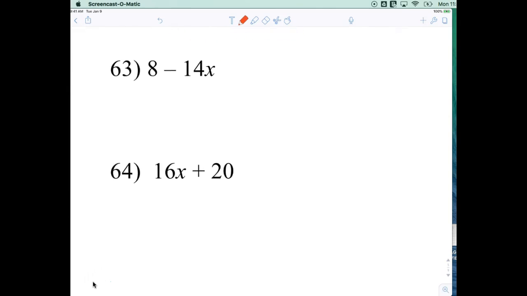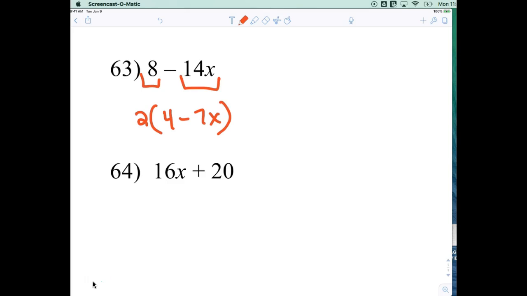What's common? What goes into both? 2. All right. And then what's left? 4 minus 7x. Make sure you know that the buckets are attached with a subtraction sign.